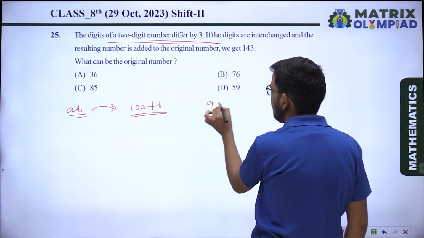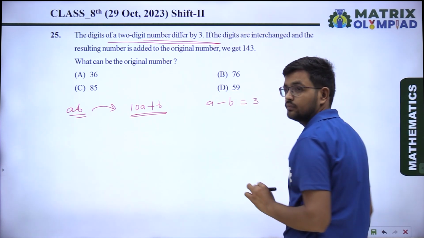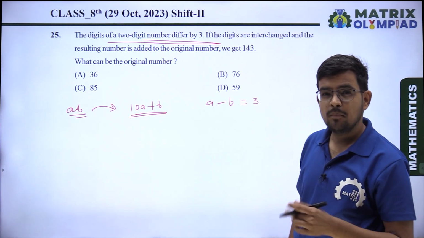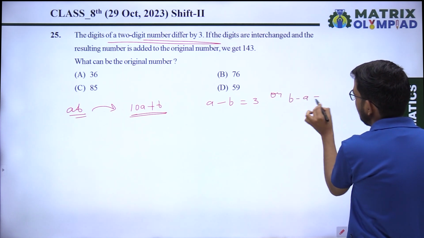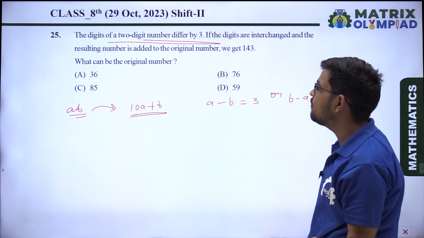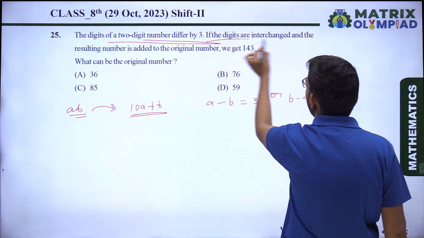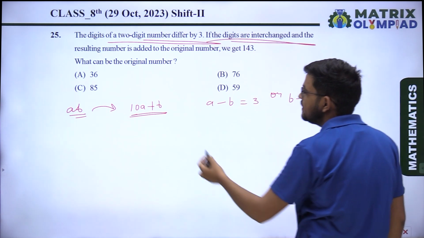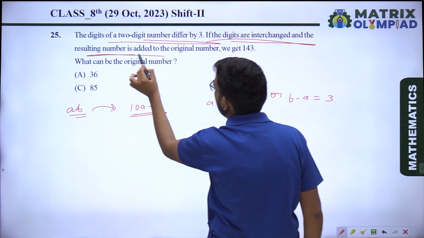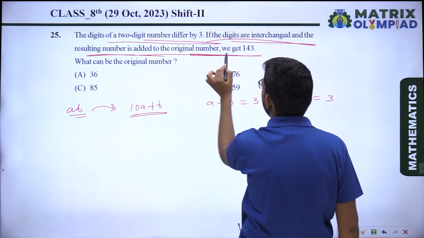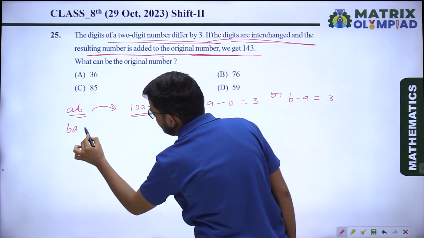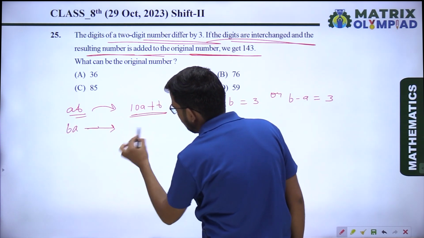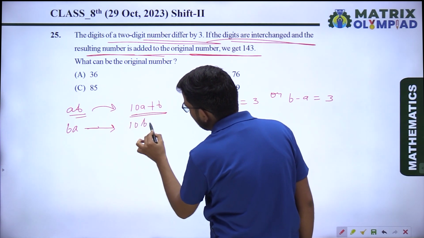It means A minus B equals 3 or B minus A equals 3. Any of these can be followed. If the digits are interchanged, then the resulting number is added to the original number, we get 143. When we interchange the digits, the number will be 10B plus A.